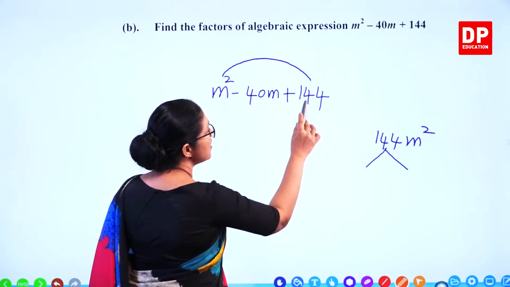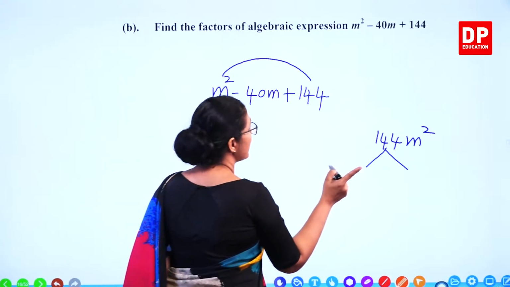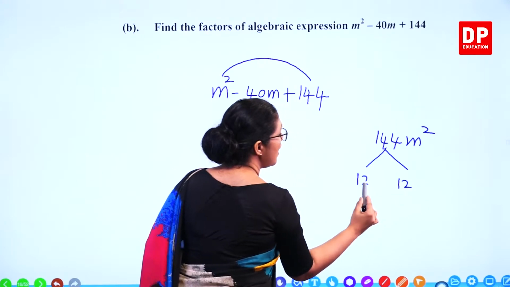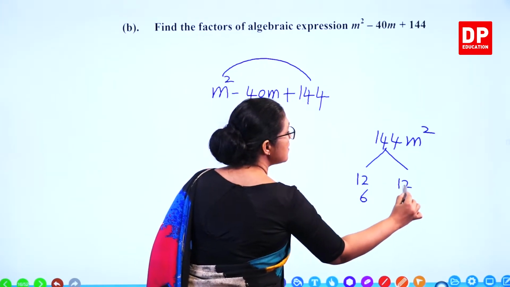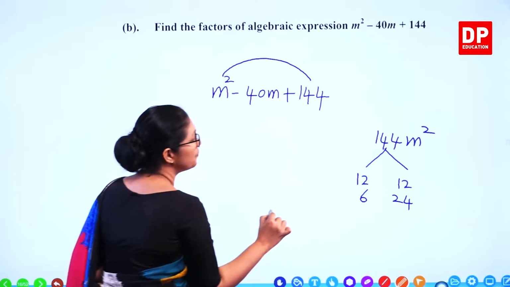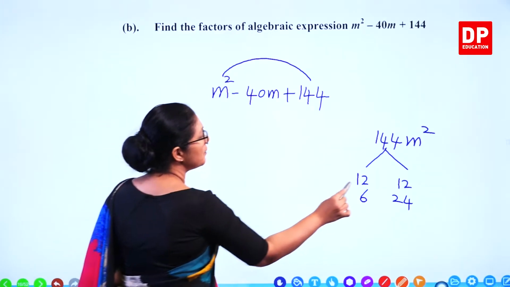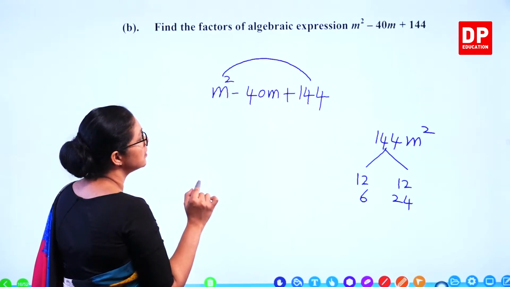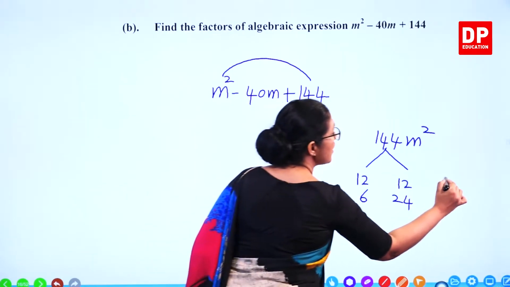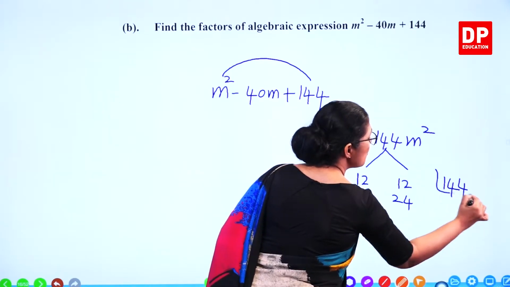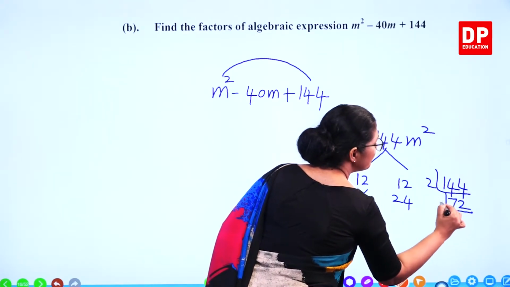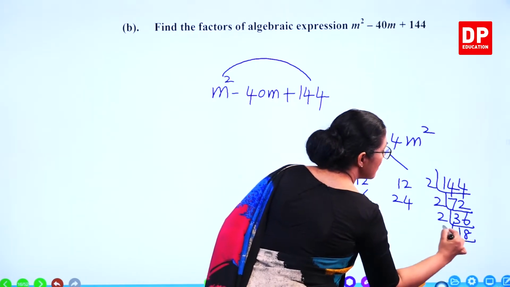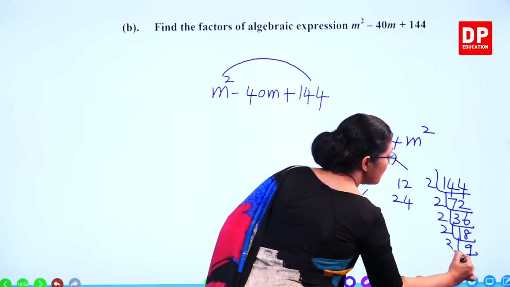What are the factors? 12 times 12 you can't take. If you take 6 here, this becomes 24. That's also not possible. What else? If you can't figure it out at once, we can divide and check. So we get 3 and 3.